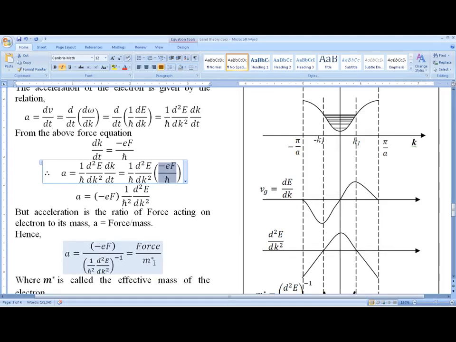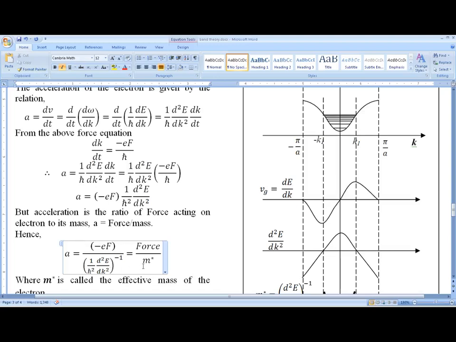So this mass, we don't call it mass from now onwards; we call it effective mass. There is a reason for calling it like this. Normally mass is constant unless we consider relativistic effects. Usually mass is constant, but here this mass is not constant, and this mass can also be negative. That's why we don't call it mass. This is called effective mass.